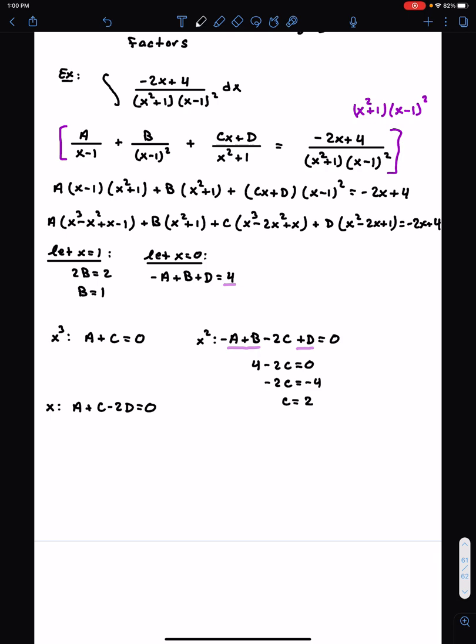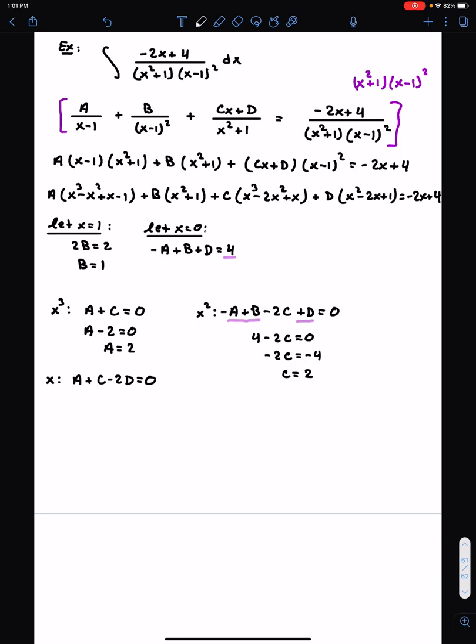Then I can plug in 2 for c into that equation. So a minus 2 is 0. So a is 2. I have a, b, and c, and I need d. And I have this last equation for x's.